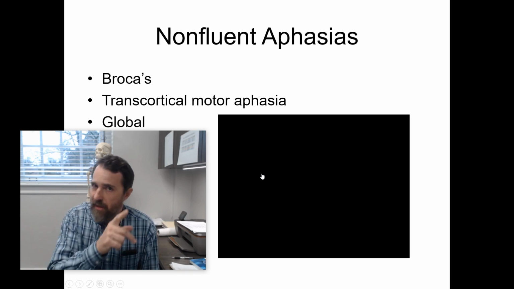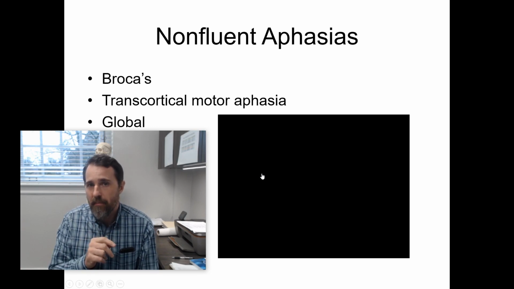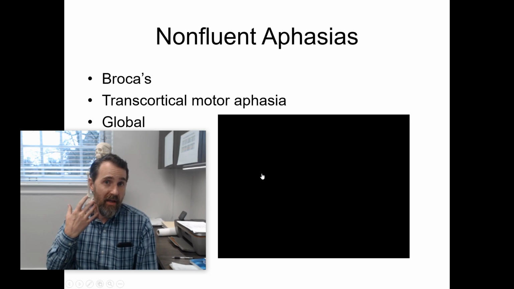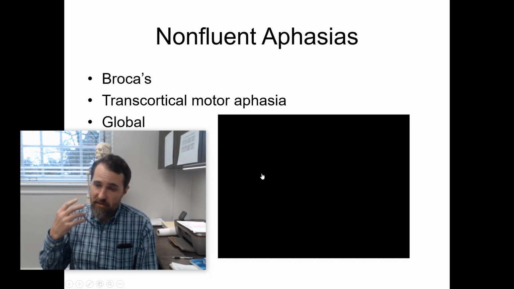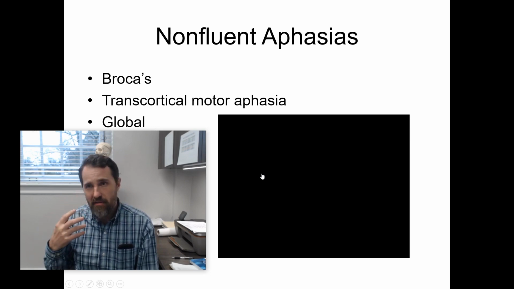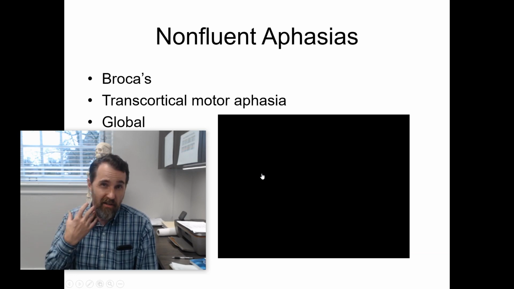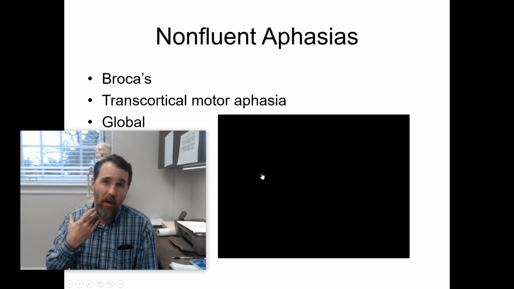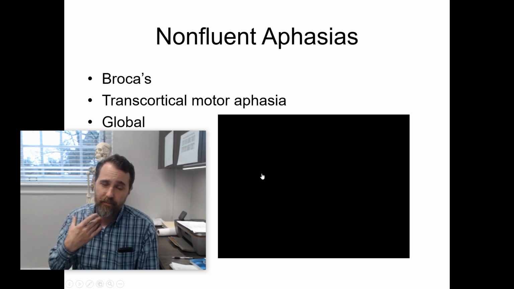There's a good chance you're going to have some apraxia of speech in there. And the contralateral side of your tongue, your pharynx, and your larynx is affected as well. So there's a good chance these individuals will have swallowing deficits as well.